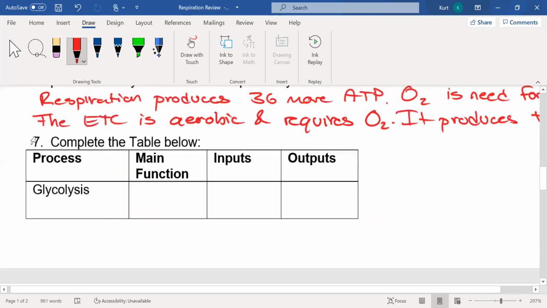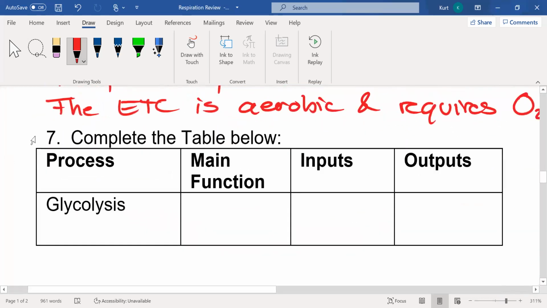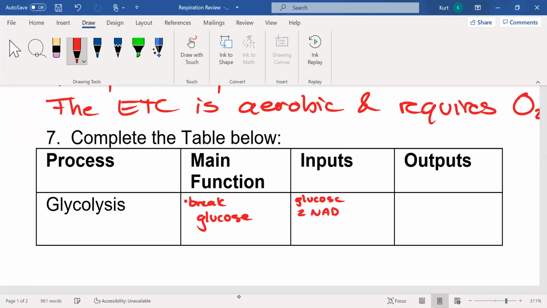All right, now we're going to get really specific here. Complete the table below. Main function, inputs and outputs. The main function, break glucose. Inputs. All right, here we go. Glucose, 2 NAD plus, 2 ATP, 4 ADP.